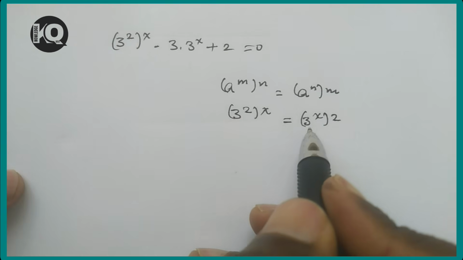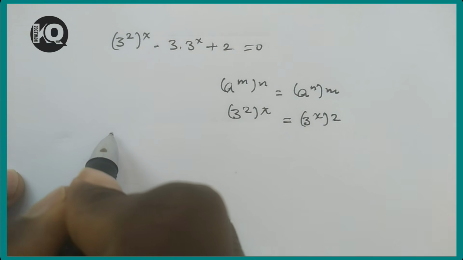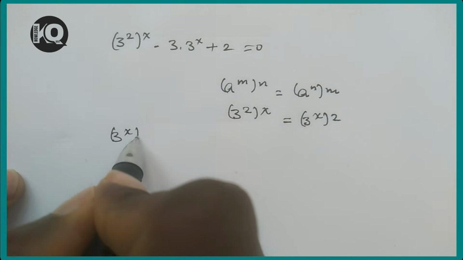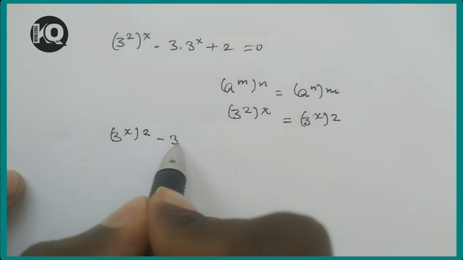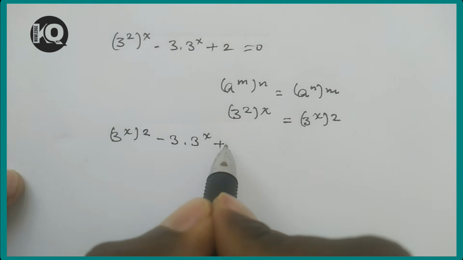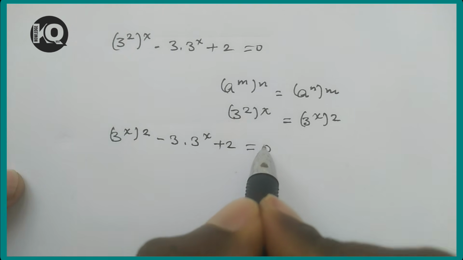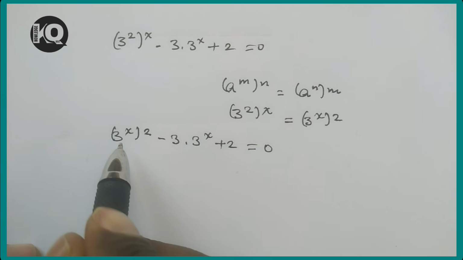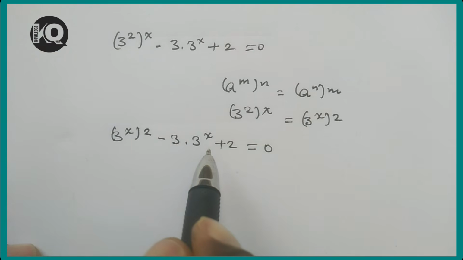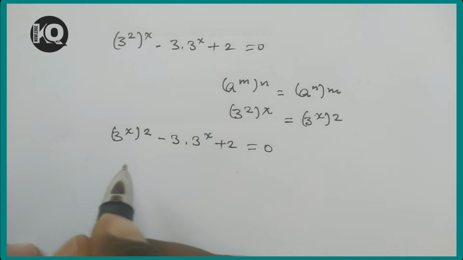So let's substitute this into the equation. This will be (3^x)^2 minus 3 times 3^x plus 2 is equal to 0. So our final simplified equation will be this one, and now we can use substitution.